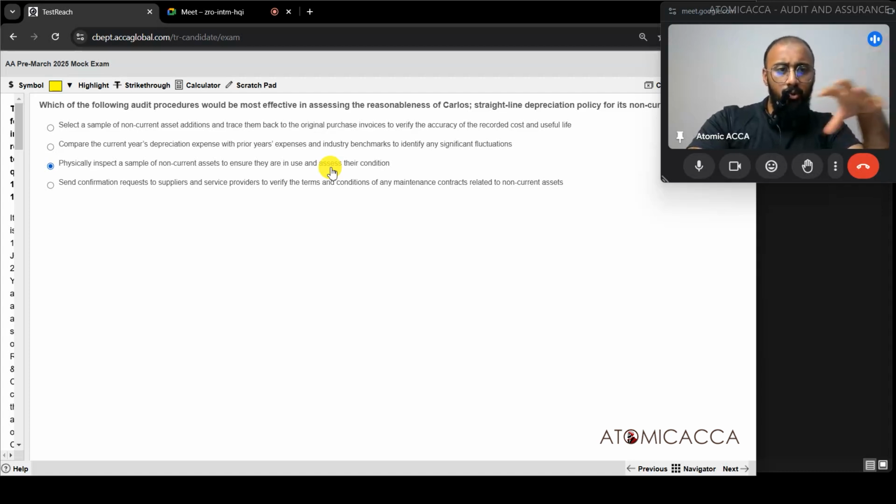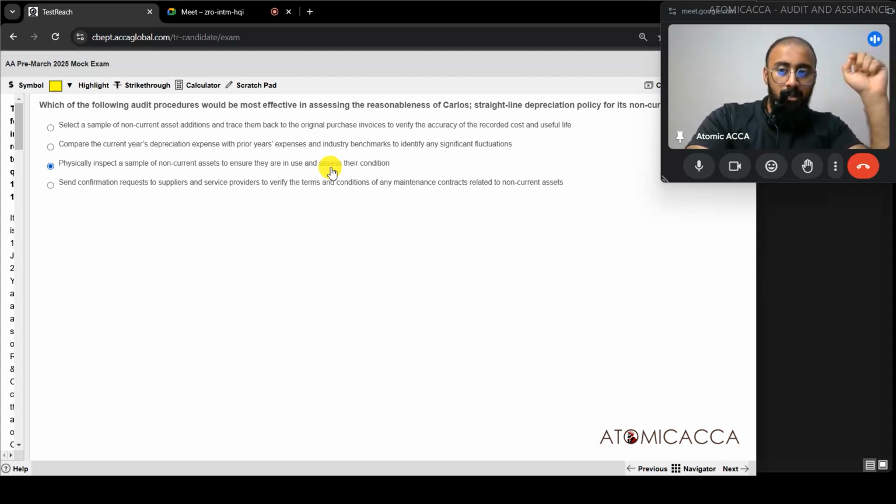That's not going to give me any idea from one physical visit which kind of depreciation policy they have to use. At most I can figure out what could be the useful life of the asset, but whether that policy is to be used or not, I will not get an idea. Plus, if I'm physically inspecting it, I can get an idea about the existence of those assets as well. So not option C.